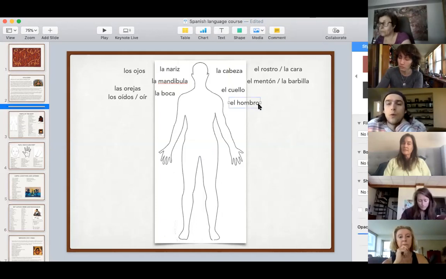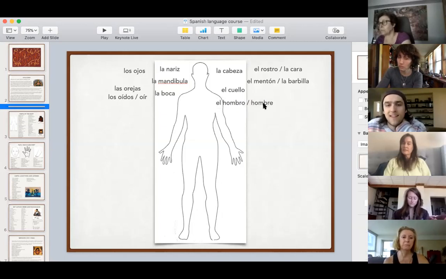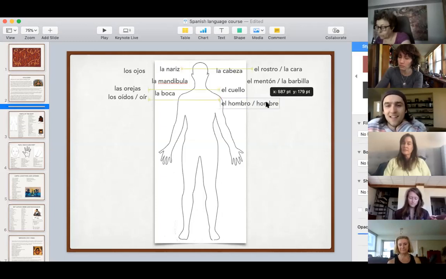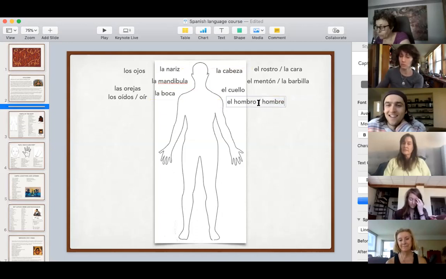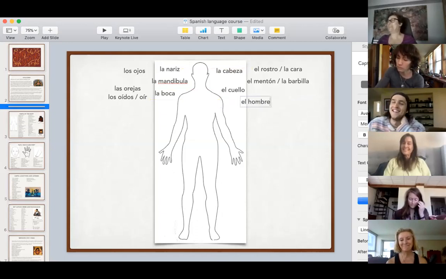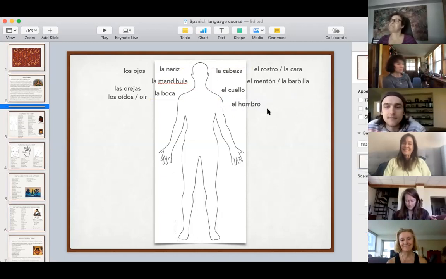It's also important to distinguish hombro from hombre, because we often have students making that confusion. Once in class, one of our students came out with the phrase, relajamos los hombres, let's relax the men. And all of the old ladies were duly scandalized and tittering behind their hands. So make sure that we get that one right. El hombro. Relajamos los hombros. Relax your shoulders.